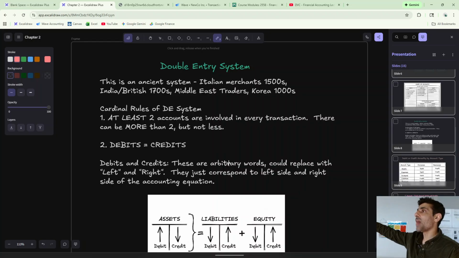And if you follow that cardinal rule, the crazy thing about this system is that at the end, your assets will equal your liabilities plus equity. It's not obvious, but if you get each little part right, the whole balances. And it's quite amazing that it works. Okay.